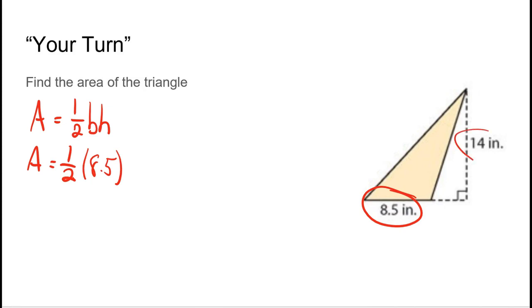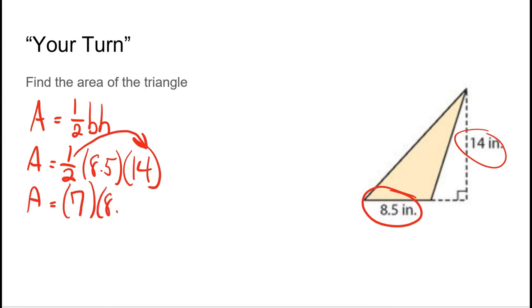We know our height here is 14. And then we just multiply. So I like to always do half of the even number first. So half of 14, because it doesn't matter what order I multiply them. So half of 14 is 7.